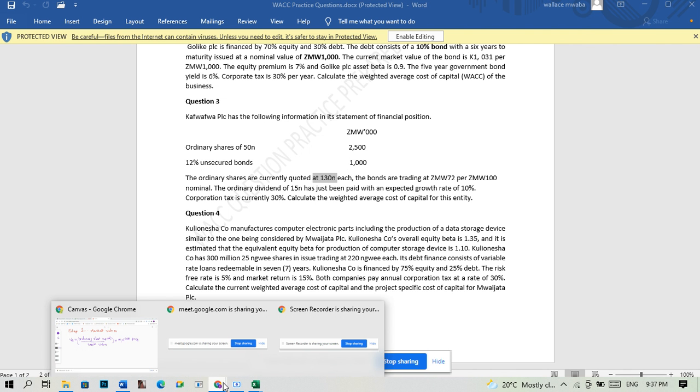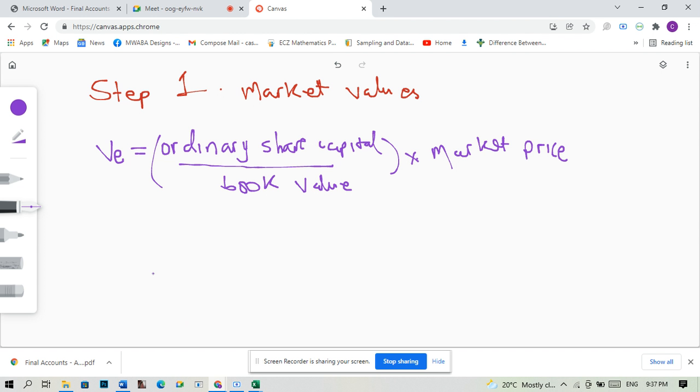So now we're going to substitute, okay? We're going to say 2,500 over, so we had the book value of the share capital is 15 ngwe, so we're going to convert that 15 ngwe into kwacha. So we're going to say 50 divided by 100, that gives us 0.5 kwacha.